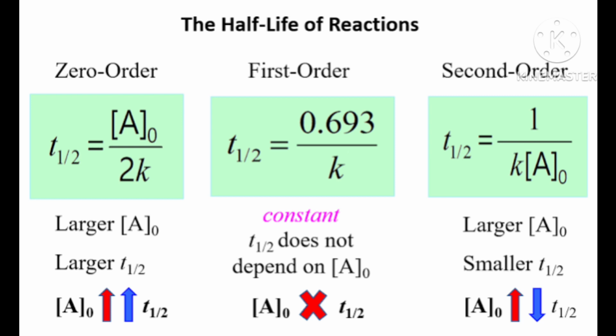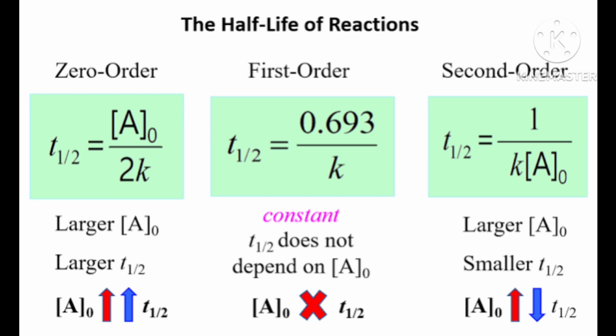It is fixed for almost all examinations, all competitive examinations. For a zero order reaction, half-life is directly proportional to the initial concentration of the reactant and inversely proportional to the rate constant, because K is down.